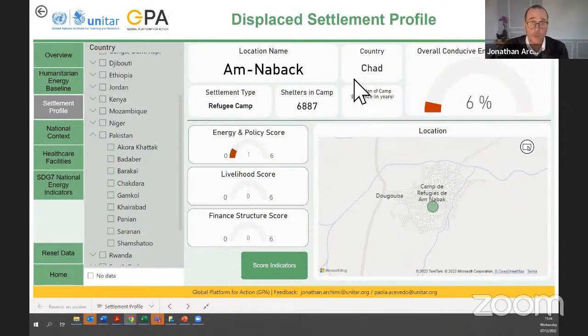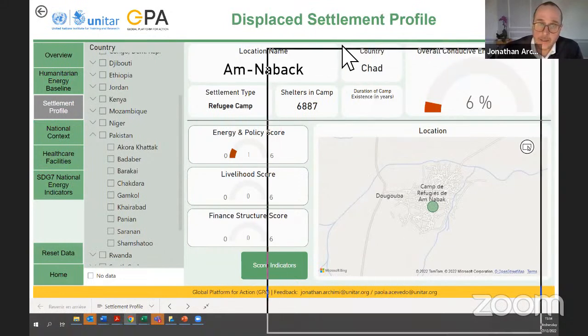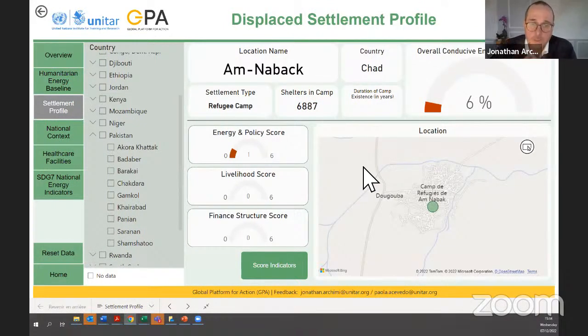It really informs about information that we could access, that our partners have shared, and that we were also able to verify with different sources. So thank you, very good question, and this shows that there is still a gap in data and still a big effort needed to access energy data related to displaced persons.